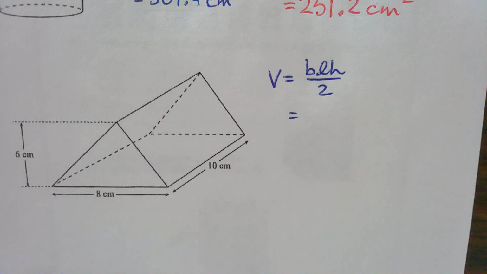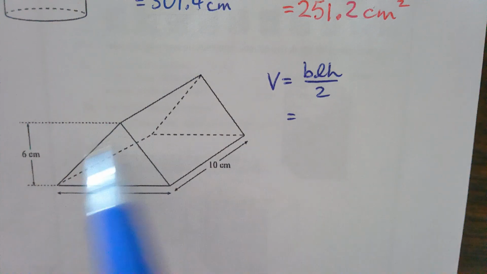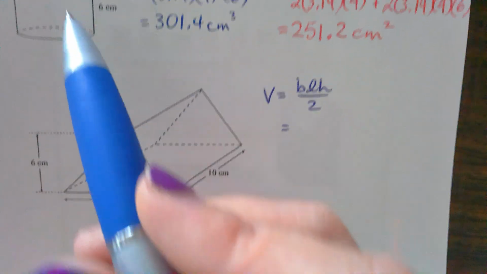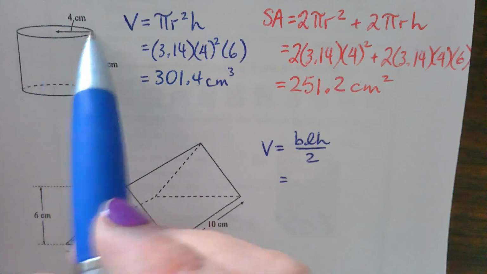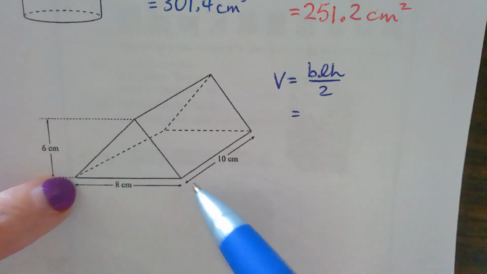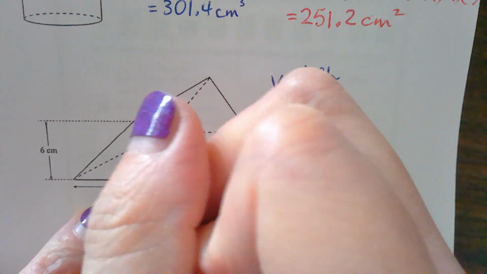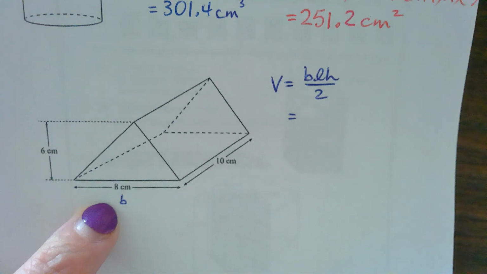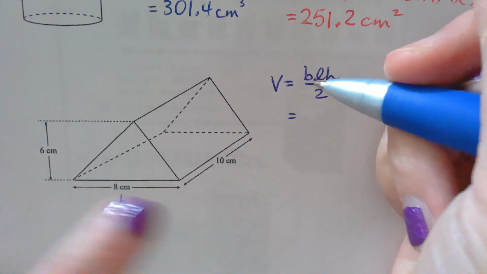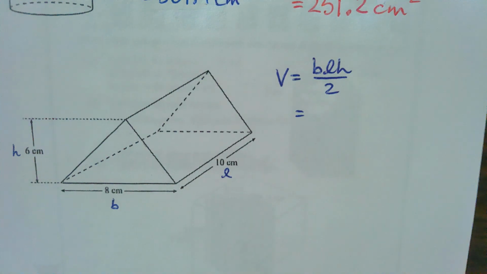Not the rectangle, but the triangle, right? So this triangle is your base. Just like in a cylinder, your base is the circle, and you're repeating the circle 6 centimeters times. This is your triangle, you're repeating it 10 centimeters times. So that means your base is the 8, your length is actually the 10, and the h is the 6.